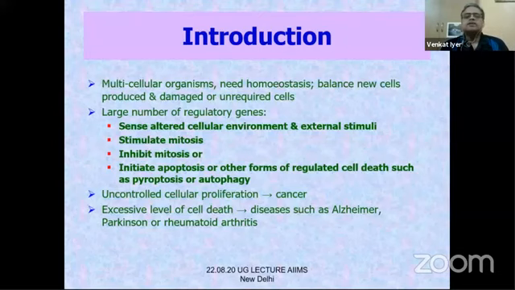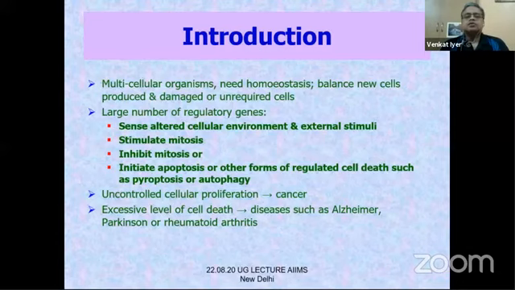Whereas in multicellularity, you need to have control over both cell division and cell death. Cell division, I'm sure you have studied in detail in your physiology and biochemistry. Cell death is typically taught in pathology, although you might have been introduced to many of these concepts earlier.